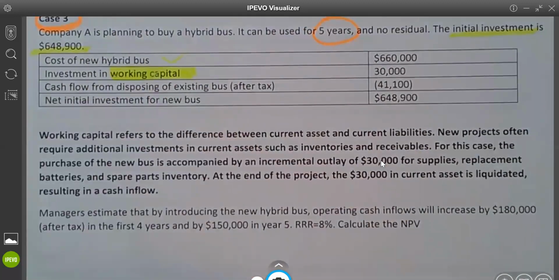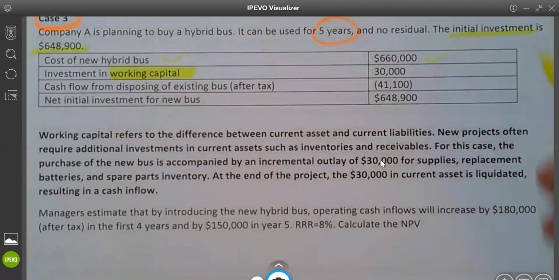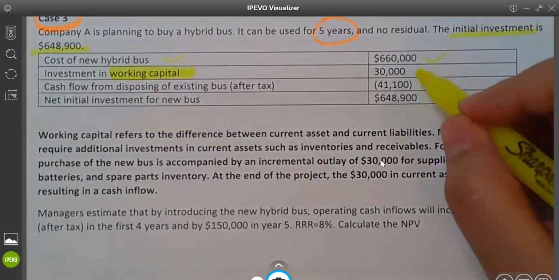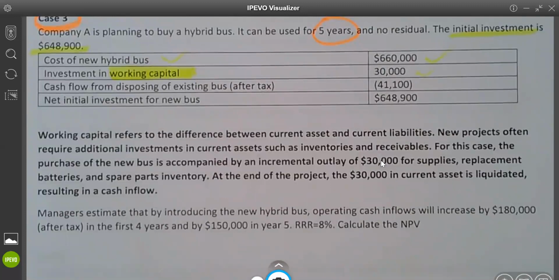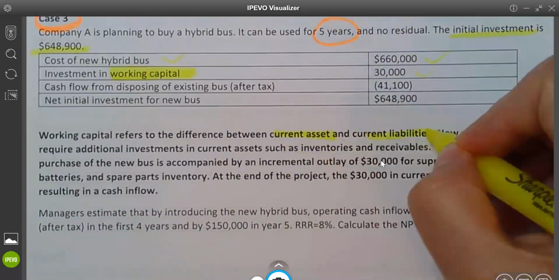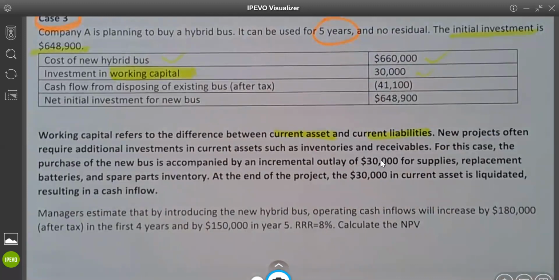Students say, hey, what's working capital? The list price is 660,000, but you have to pay extra 30,000 for working capital. So what is working capital? I'm not going to really read, but the general idea is your current assets minus your current liabilities. Why do we have working capital?